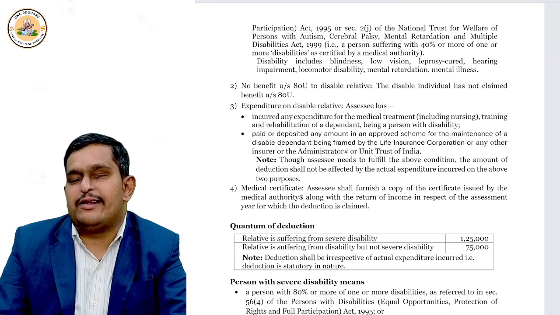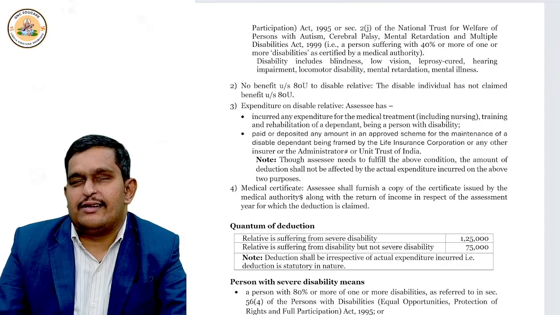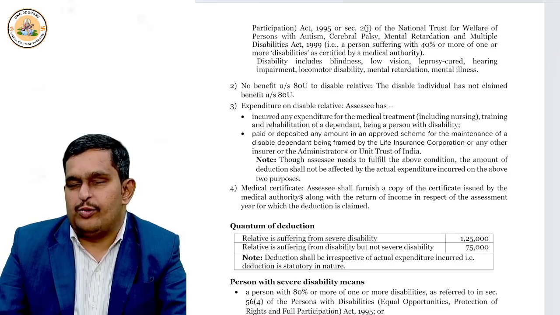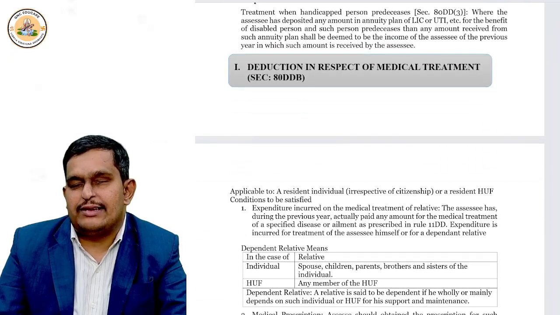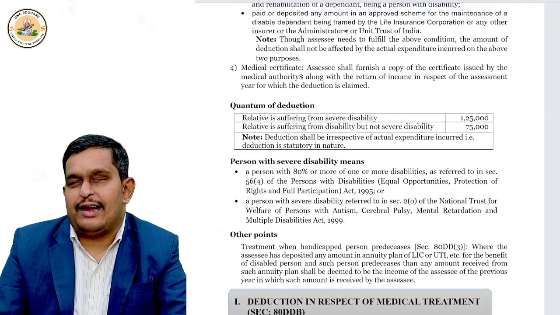Now, which types of disabilities may be there? Disability may be of many varieties. It can be complete blindness. It can be low vision. It can be autism. It can be cerebral palsy, right? It can be mental retardation. It can be mental illness, right?